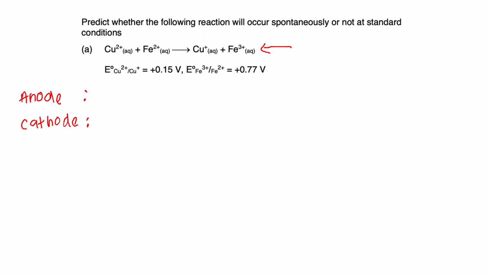So from the reaction, you have to identify which one is anode and which one is cathode. We have to look at the oxidation number. From 2 plus, it becomes plus, which means copper undergoes reduction. Reduction happens at the cathode. Therefore, we know copper undergoes reduction.